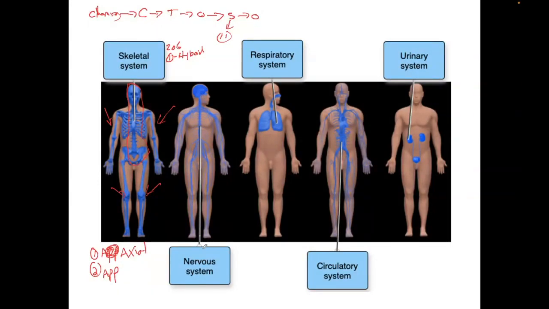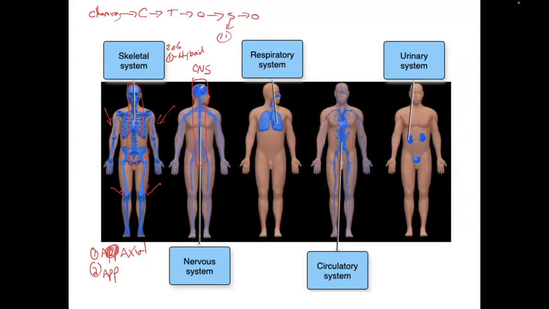When we look at the neural system, I prefer the word neural instead of nervous system. We can also study it and review it in a similar way to the way we approach the skeleton, where we focus on what's in the center first. And what we have in the center is called the central neural system, or the CNS.